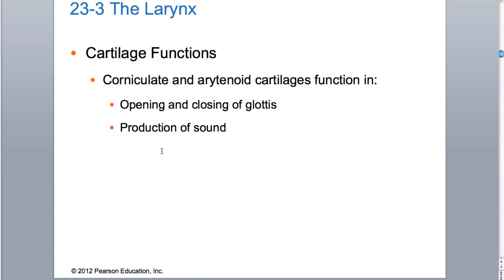When we talk about frequency and intensity, or pitch and loudness, the pitch of the sound is related to this cartilage function. So when someone sounds like Donald Duck, and you've used some kind of synthesizer, what did you do? You changed the frequency of your voice. And that is how you're able to produce the sound of Donald Duck.